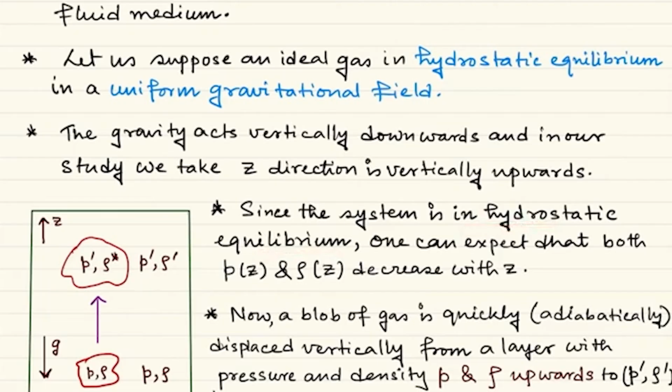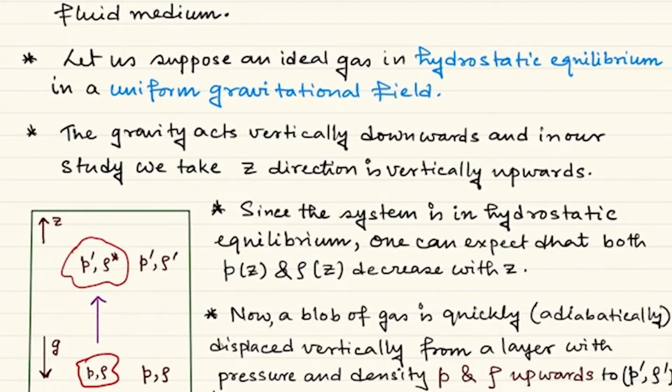So one can simply expect, if you remember our discussion of hydrostatic equilibrium, that both the pressure and density decrease with z, and actually you can see a stratification. Okay, so it's a layered type of stratified fluid, where P and rho both are decreasing as a function of z, and we try to perturb that system.